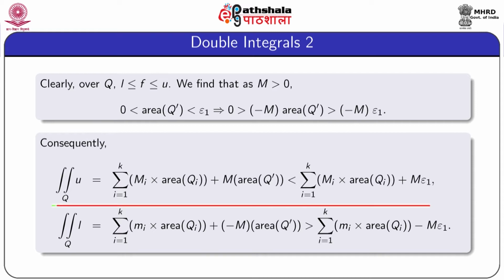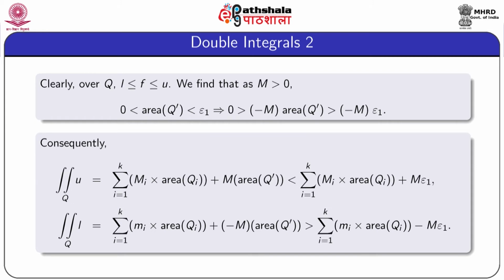Consequently, the integral of U over Q equals the summation i from 1 to k of Mi into area Qi plus M area Q', which is lesser equal to the summation i from 1 to k of Mi into area Qi plus M epsilon 1.